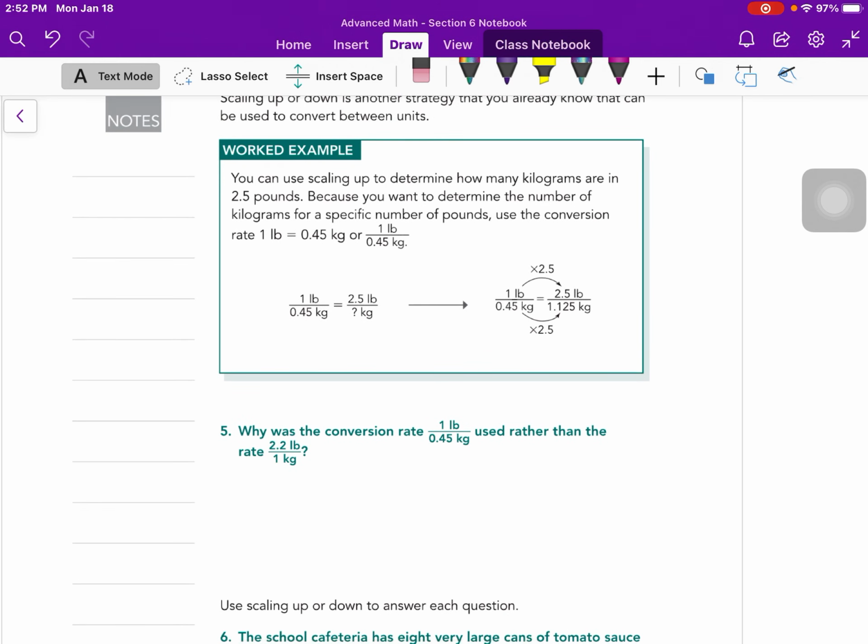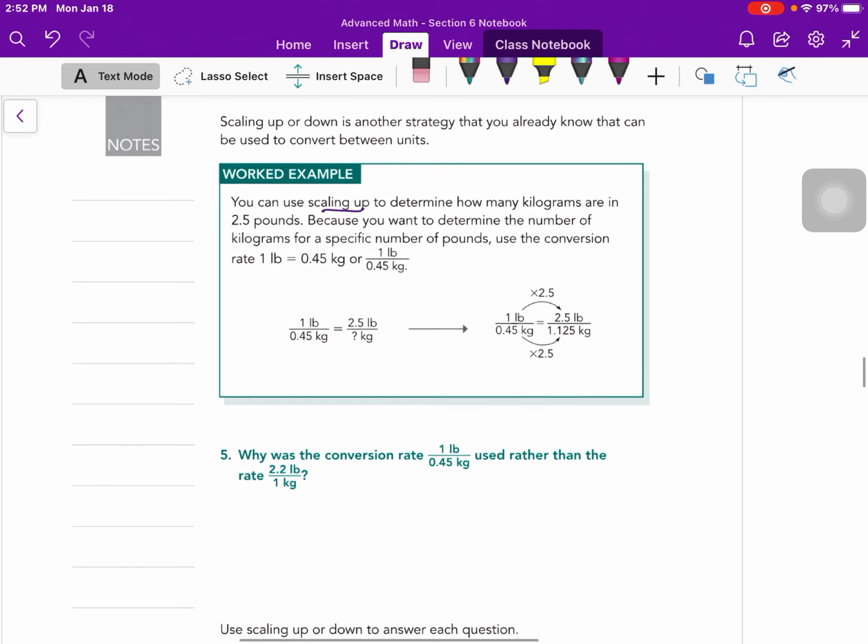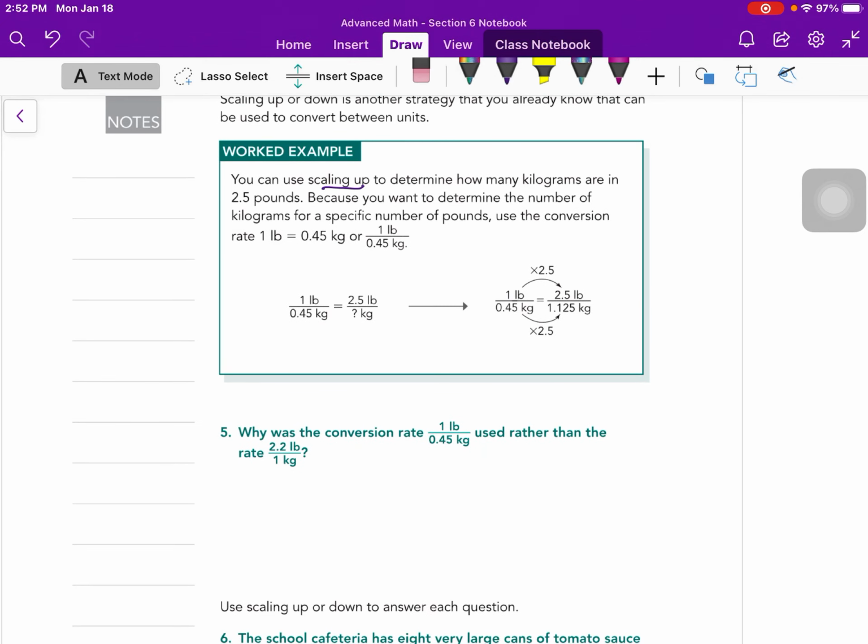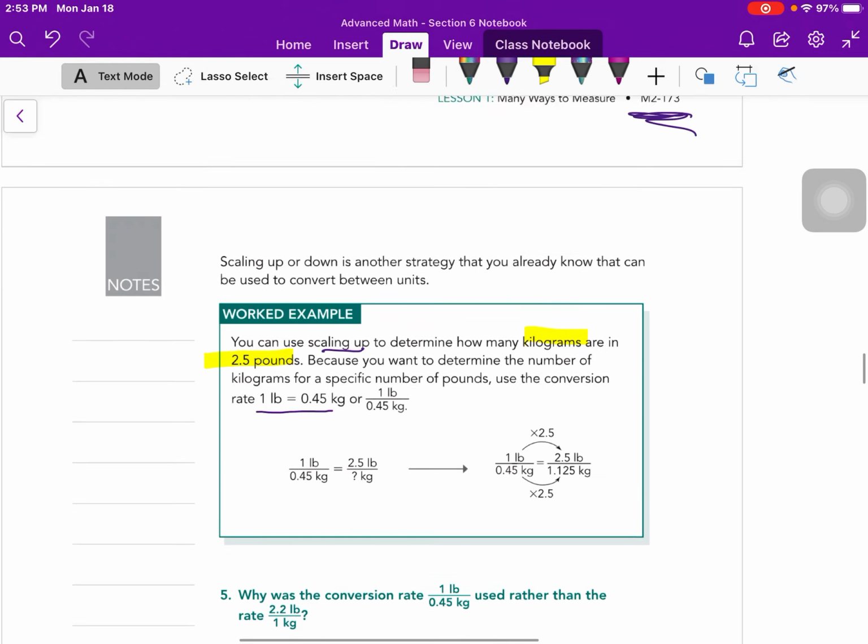So just like we can do a ratio table, we can also scale up to come up with conversions and know how to find the equivalent. For example, this question says, you can use scaling up to determine how many kilograms are in 2.5 pounds. Because you want to determine the number of kilograms for a specific number of pounds, you use the conversion rate of 1 pound equals 0.45 kilograms.